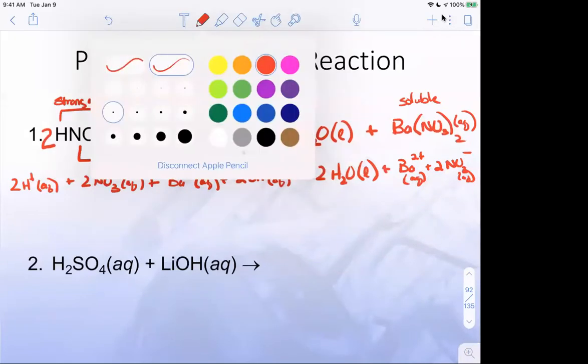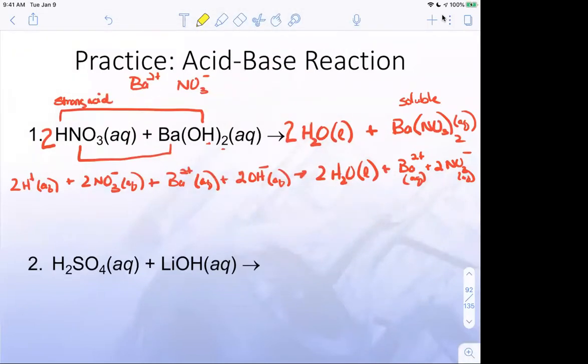Now notice, I'm going to identify spectator ions. I have this barium 2 plus on both sides of my reaction arrow, and I have the 2 NO3s on both sides of the reaction arrow. Those are my spectator ions, so I'm just going to get rid of those.